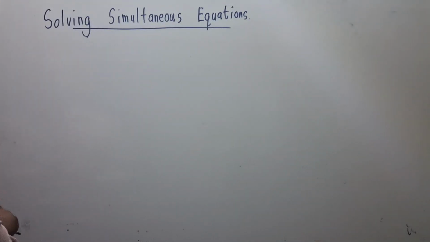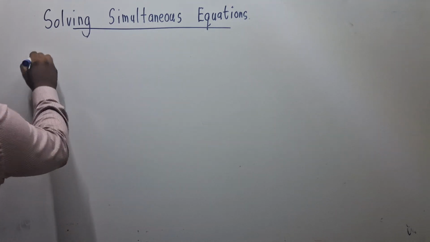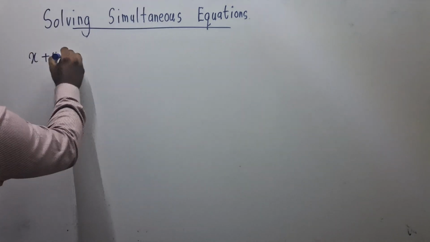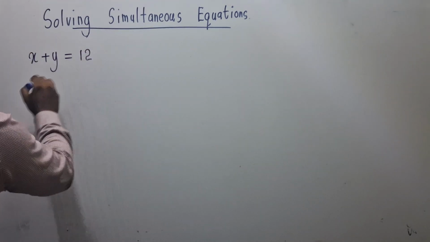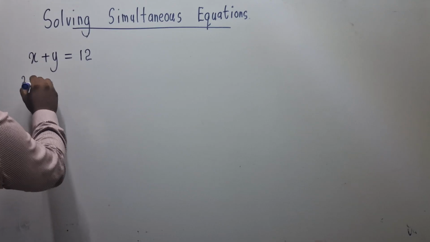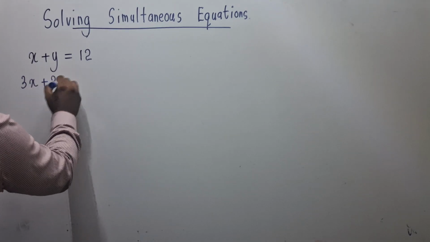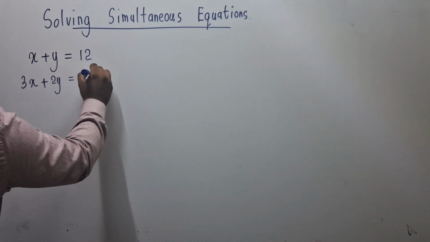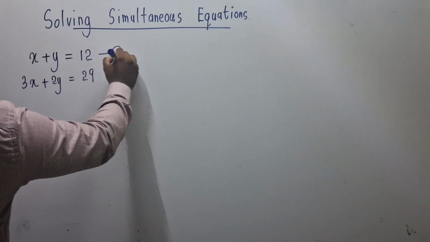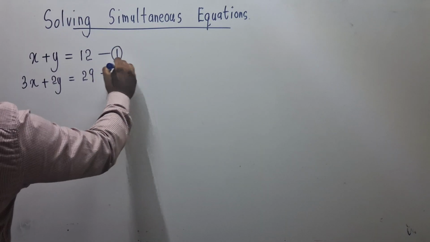First equation, x plus y equals 12 and 3x plus 2y equals 29. This is equation number 1. This is equation number 2.